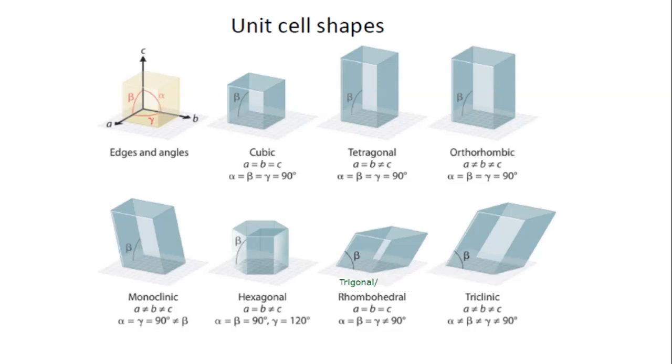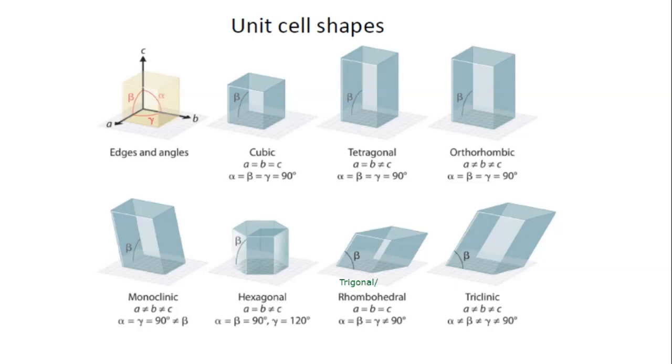crystal system. Now the way that you know that something is trigonal versus rhombohedral is based on the centering. For trigonal, the centering is generally primitive, a P in front of the space group. Rhombohedral is going to be R as the first letter in the space group. So that's how you can distinguish between trigonal and rhombohedral.